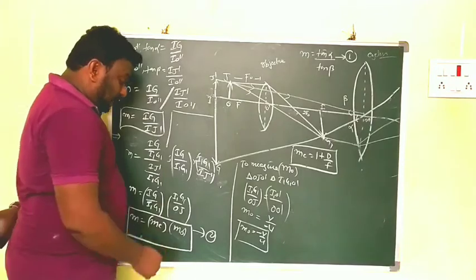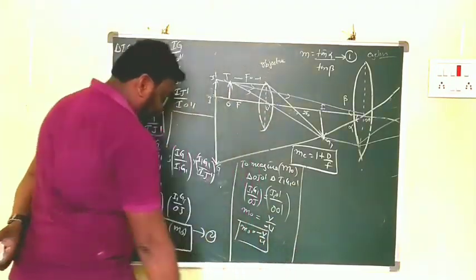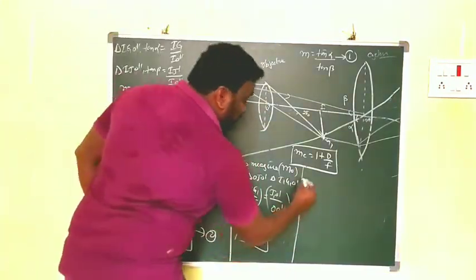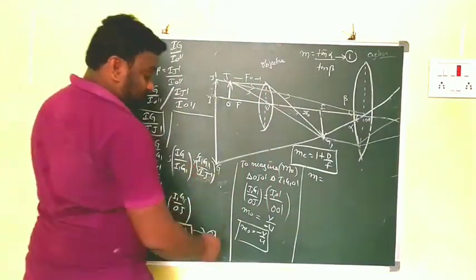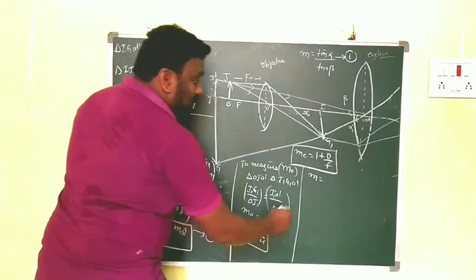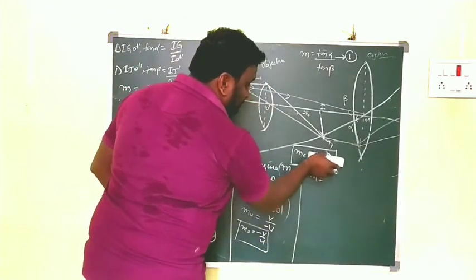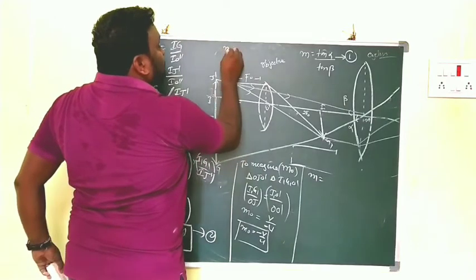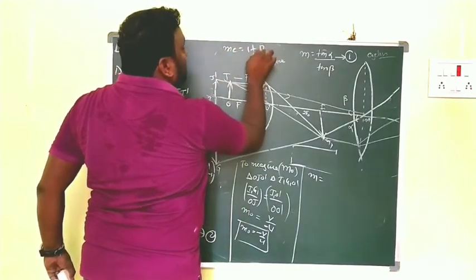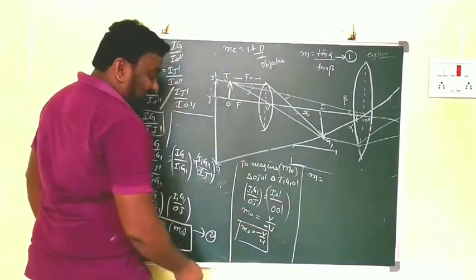And now here we have to substitute that in equation number 2. M is equal to, already the ME value is there. ME into 1 plus... we know the simple microscope formula is 1 plus D by F. That's why I am writing it directly here.